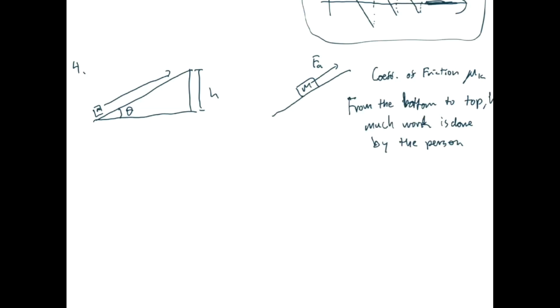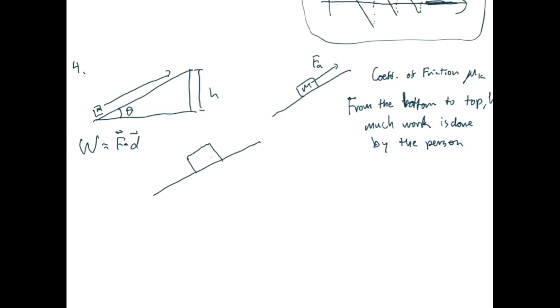Okay, so how will we do this? Well, let's just consider the definition of work, which is force times the displacement, or I guess the dot product of force and a small displacement. So first, let's try to find the force that the person applies. So the person's dragging up this box very slowly.